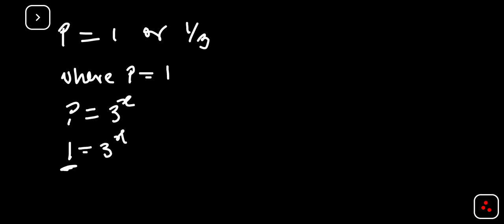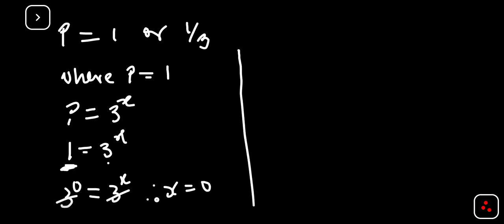And we know that 1 in the same base as 3 is the same thing as 3 to the power of 0. So 3 to the power of 0 is the same thing as 1, and we can just equate to 3 to the power of x. And through the law of indices, you know you cancel out the base here. So that means x here is 0.